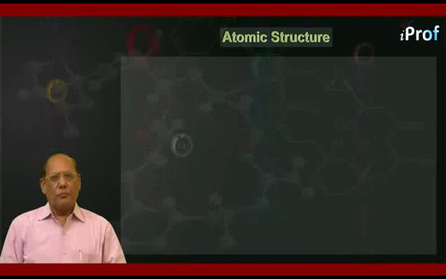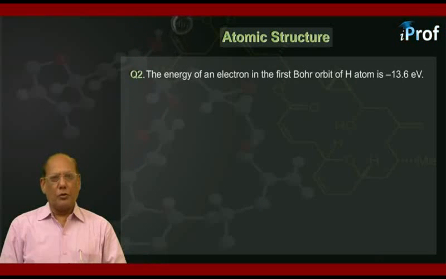Well, question number 2. The energy of an electron in the first Bohr orbit of hydrogen atom is minus 13.6 electron volt.